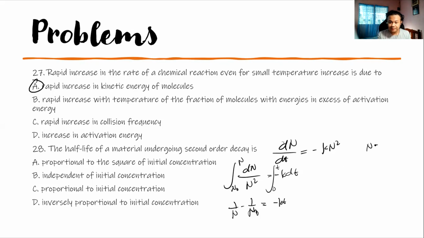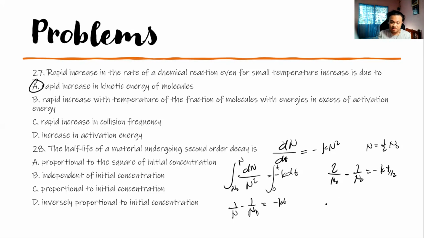Remember, our goal is to find how much time it takes for the original amount of the reactant to be half its value, right? So to find the half-life, we substitute that here: 2 over N0 minus 1 over N0 equals kt, with N at one half of N0 since it's the half-life.